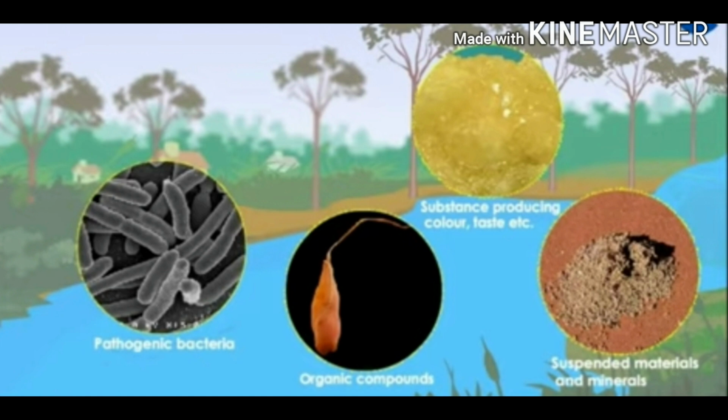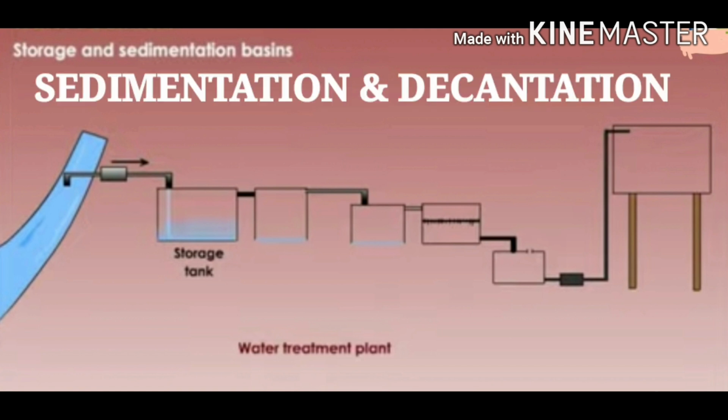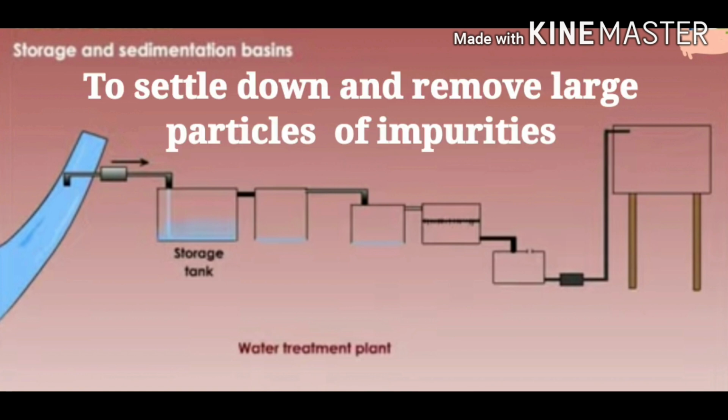Now water from different sources such as rivers and lakes is collected. I am going to discuss the purification of drinking water in short. The water from the different sources is collected in the storage tank, and from the storage tank it is passed on to the sedimentation tank.